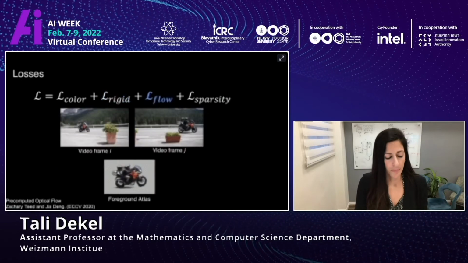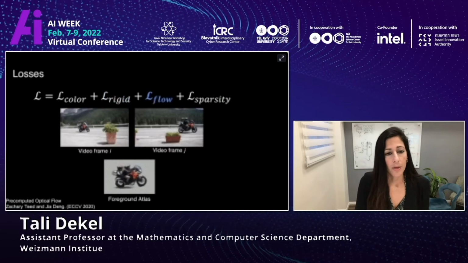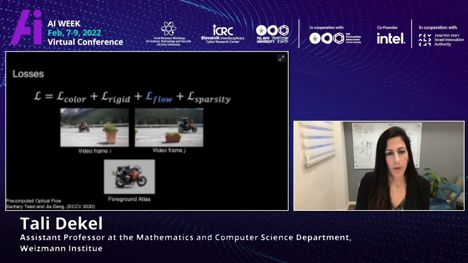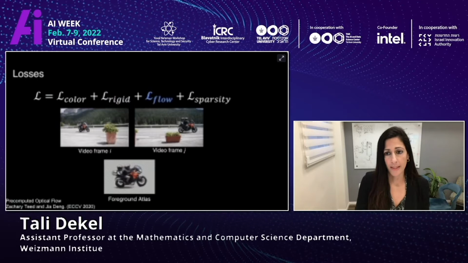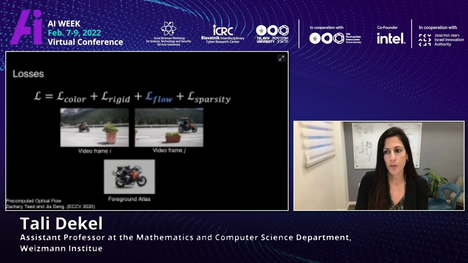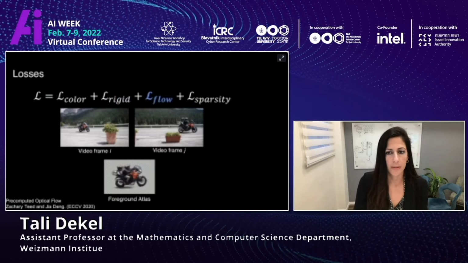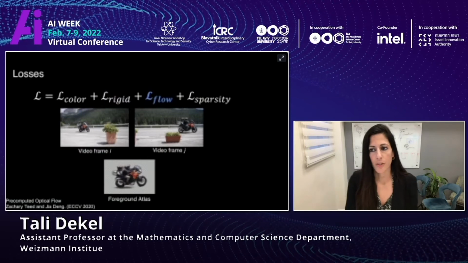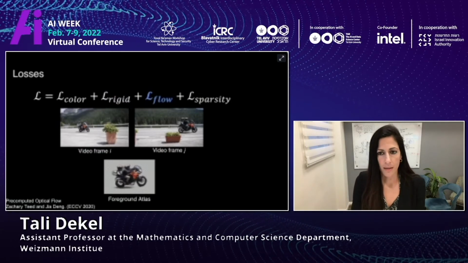The next term is based on optical flow. Recall that what we have here is a pure 2D representation of the video. We don't have any 3D information, but ideally, we would like each point in the atlas to correspond to a physical point in the world. So in order to achieve that without having any 3D information, we leverage optical flow.